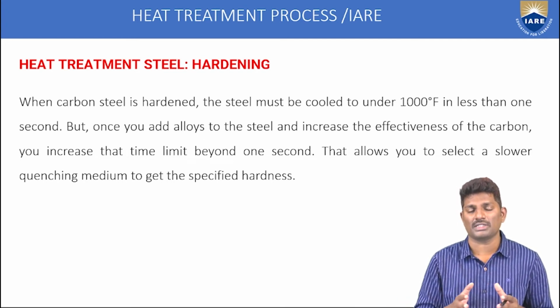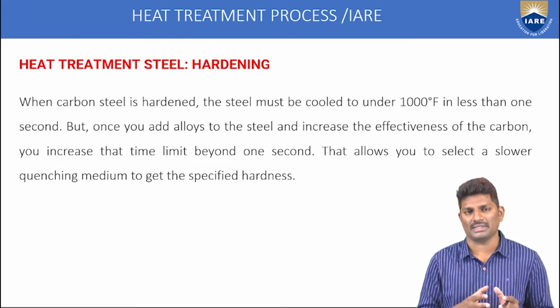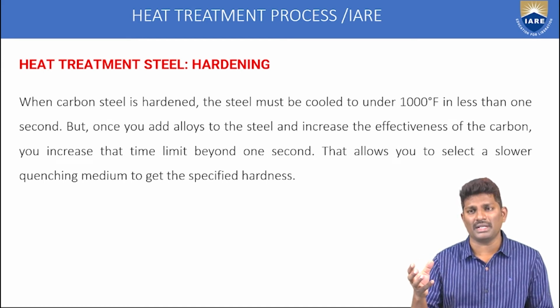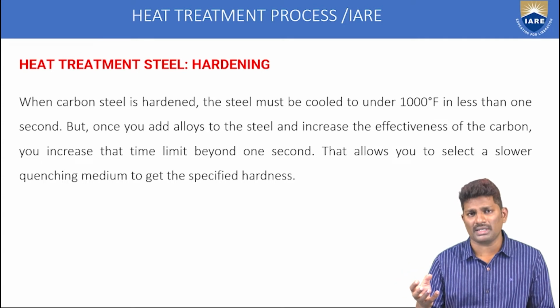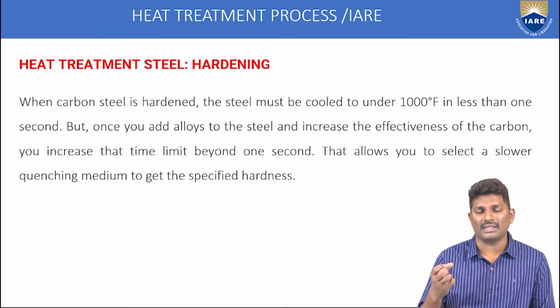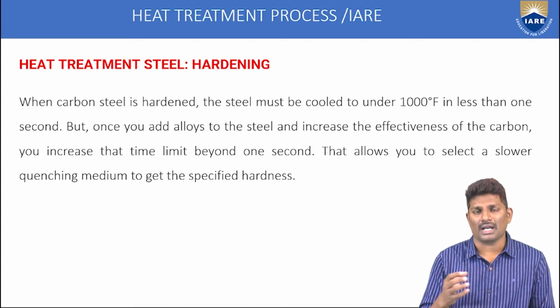So when the material is being heated and reaches 1000 degrees, immediately we have to cool it within 1 second. Then you can get the hardness of the material for carbon steels.